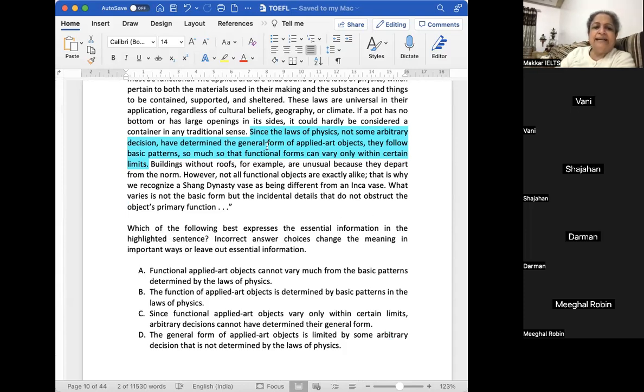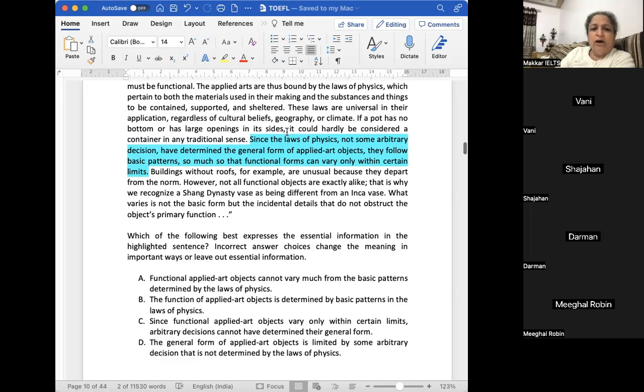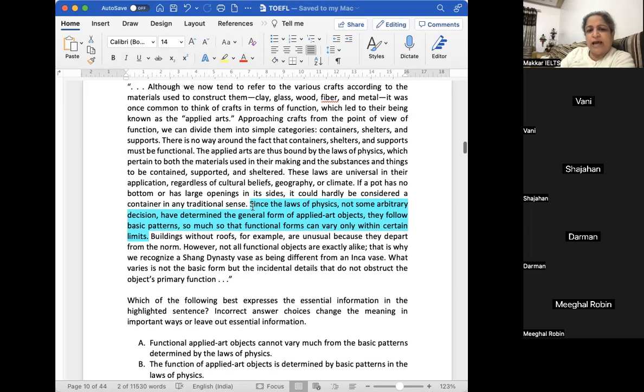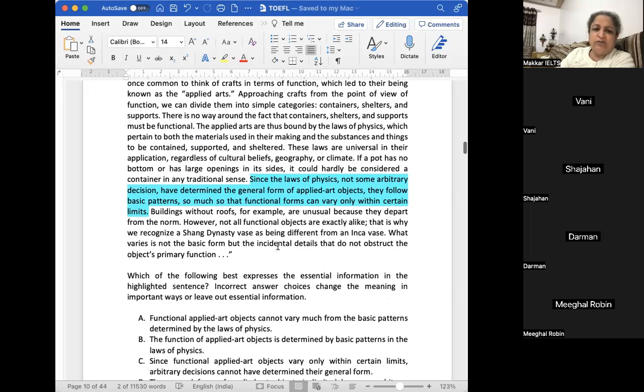So only in this sentence, what essential information is given, you have to say which sentence expresses that. So in a way, this is paraphrasing of what is given here, and you have to just match which would be the best option. Now, let's try not reading the whole paragraph and trying to do it. If it's not clear, we might have to read the whole thing to say what is being implied here.